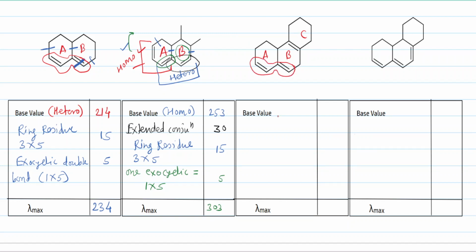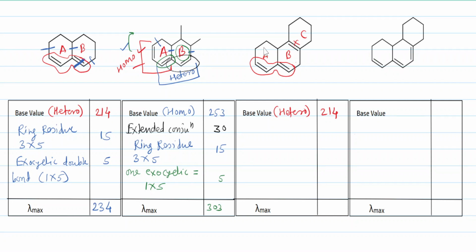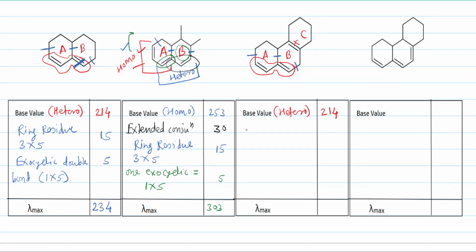It is heteroannular, and for heteroannular we add a base value of 214 nanometer. This double bond is not in conjugation with this system, therefore we neglect it. Now ring residues: this is the first, this is the second, and this is the third. So three ring residues are there.